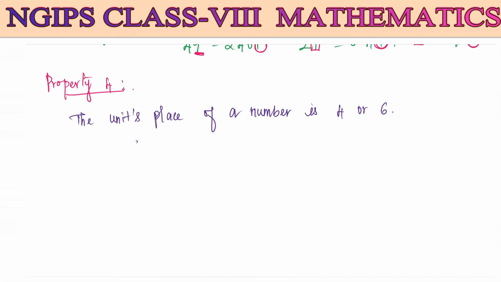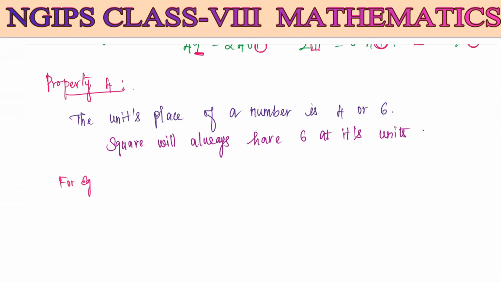The square will always have 6 at its units place.